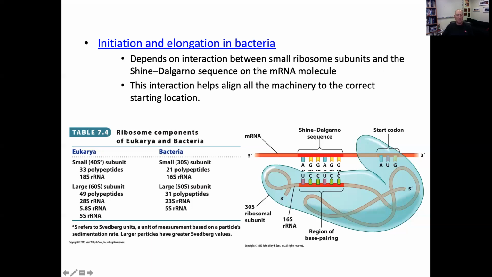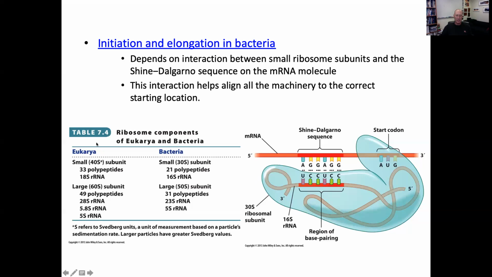This Shine-Dalgarno sequence, I like to refer to it also as the ribosome binding site, because that's a little more descriptive. Shine and Dalgarno are the names of the scientists that discovered it, but ribosome binding site tells you what it's doing. It's positioning the messenger RNA on the ribosome so that the start codon will be in the right place.